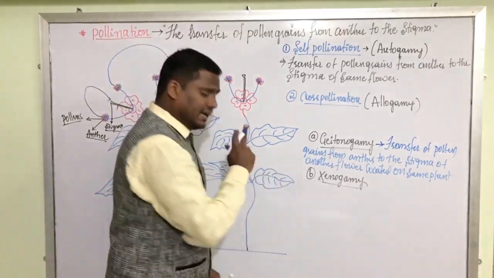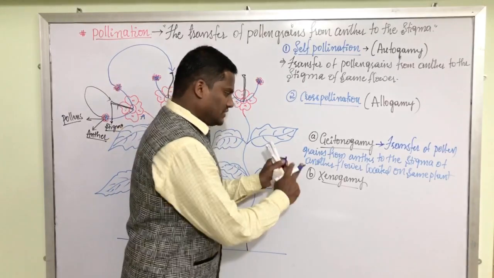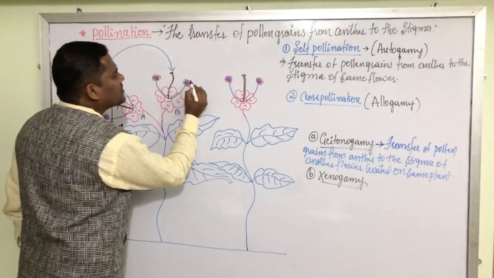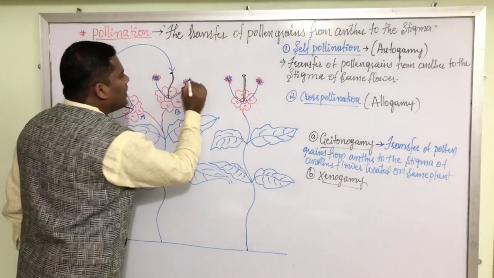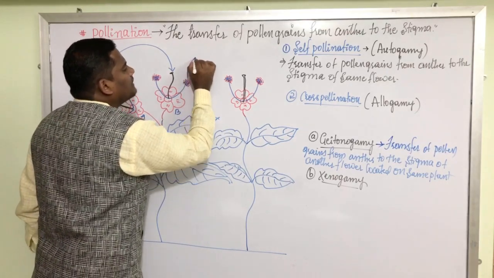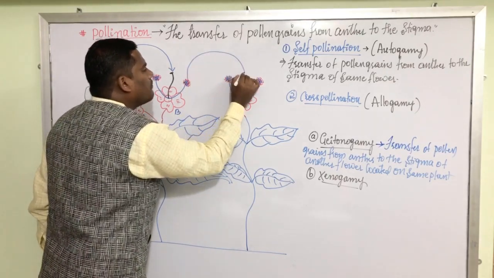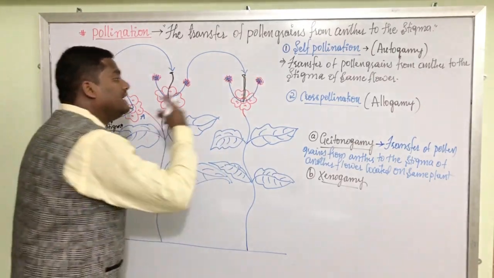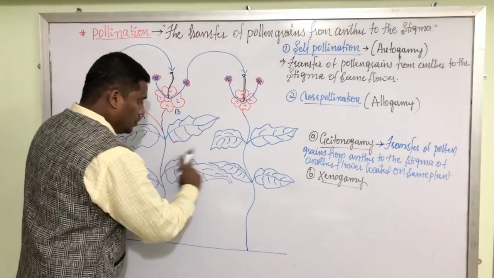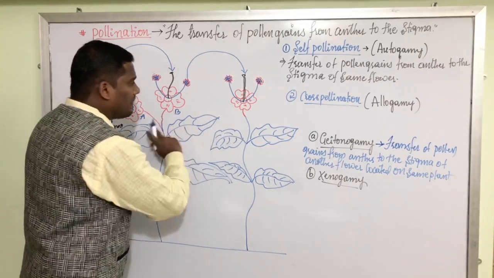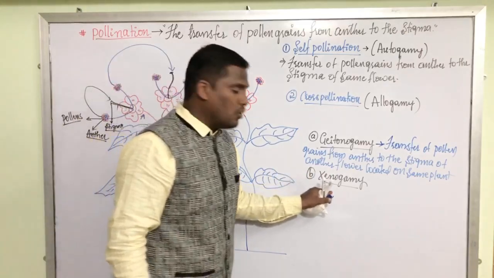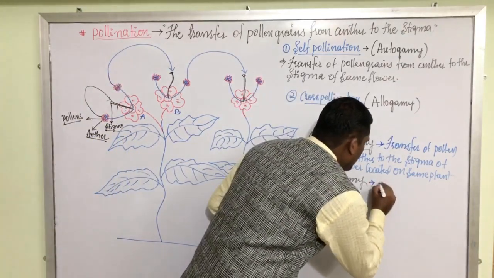Now, the second type of cross-pollination is xenogamy. Xenogamy means the transfer of pollen grains from anther to the stigma of another flower located on a different plant. Here there are two different plants, two different flowers. This type of pollination is called xenogamy. What is xenogamy?